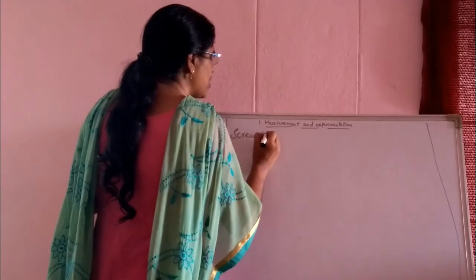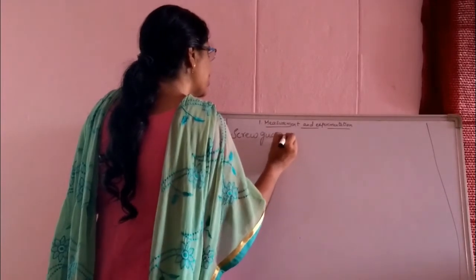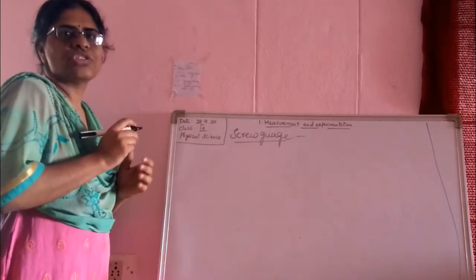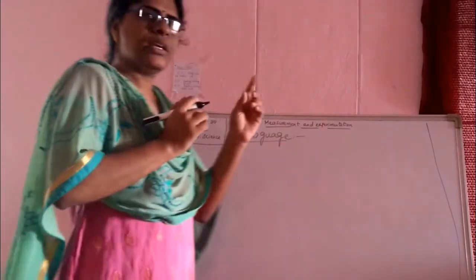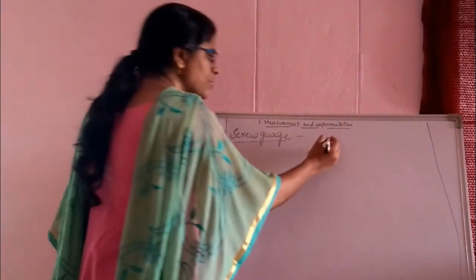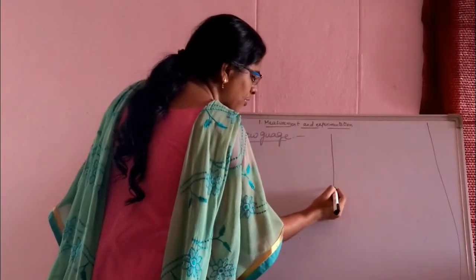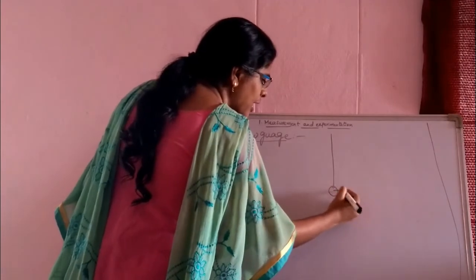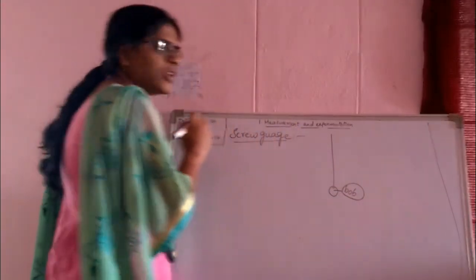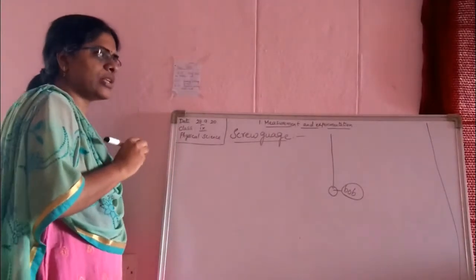The screw gauge is also an instrument used to measure the inner diameter. Also, like I have told you, a simple pendulum. To the simple pendulum, you will be having a bob at the end. To find the diameter of the bob, we will be using the screw gauge.